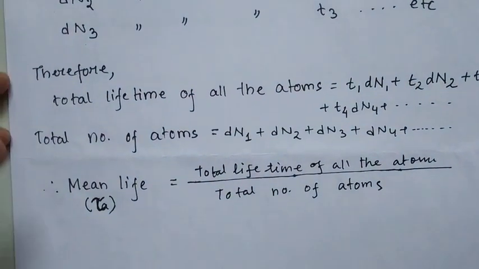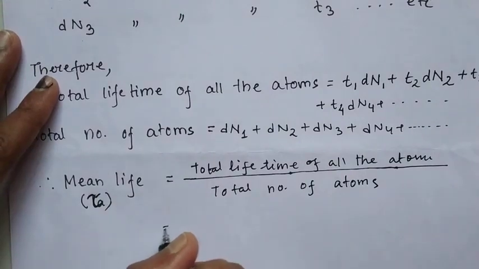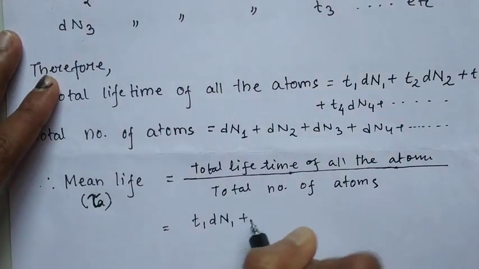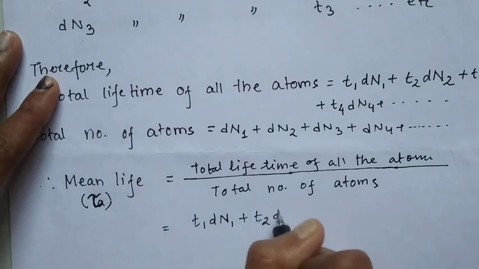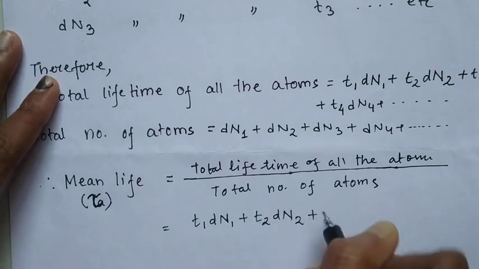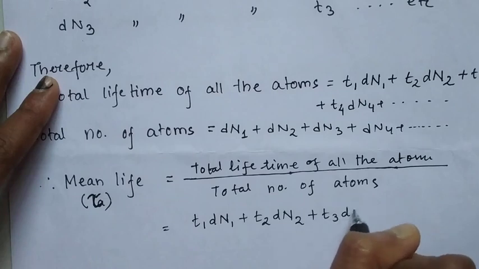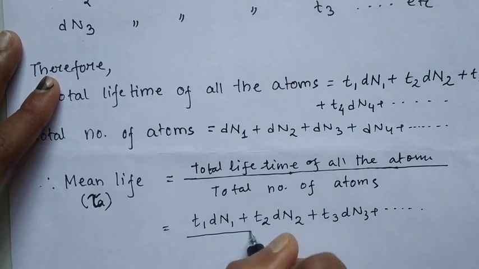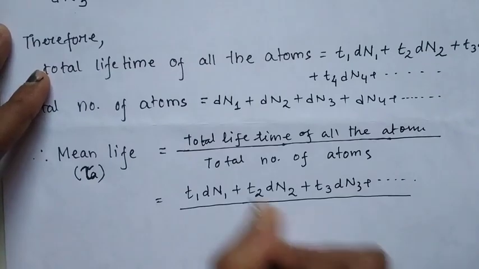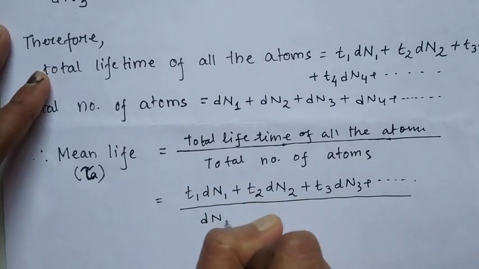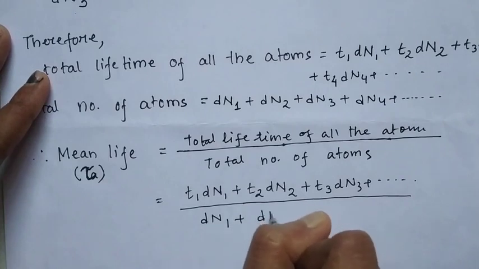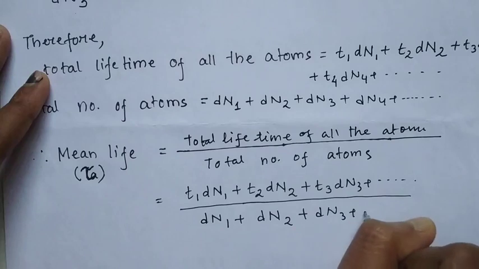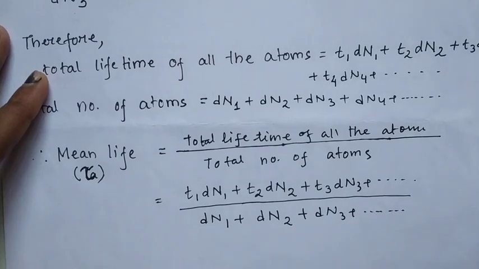So what is the total lifetime of all the atoms? This one: t1 dN1 plus t2 dN2 plus t3 dN3 and so on, divided by dN1 plus dN2 plus dN3 and so on.